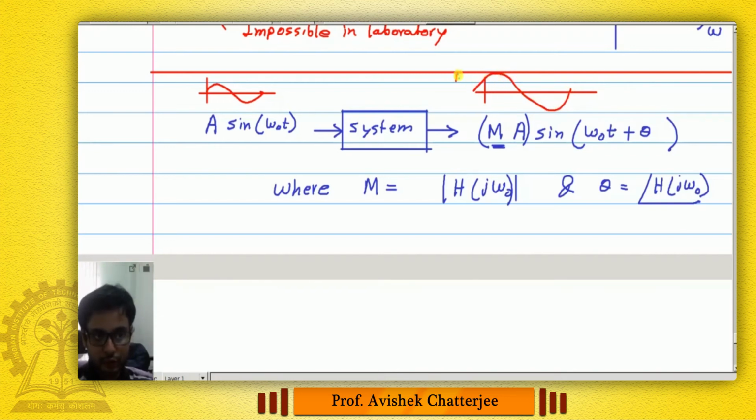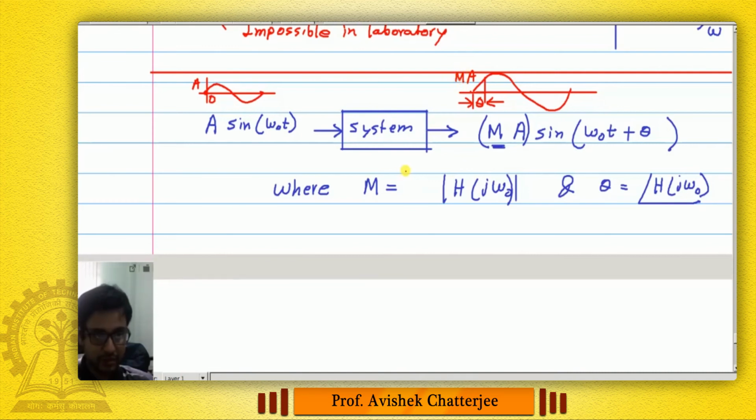So this height will be m a if this height is a, and it is also advanced in time by an angle of theta. This starts at time 0, this starts earlier, and you can measure this angle theta and the amplification factor or gain factor m experimentally.